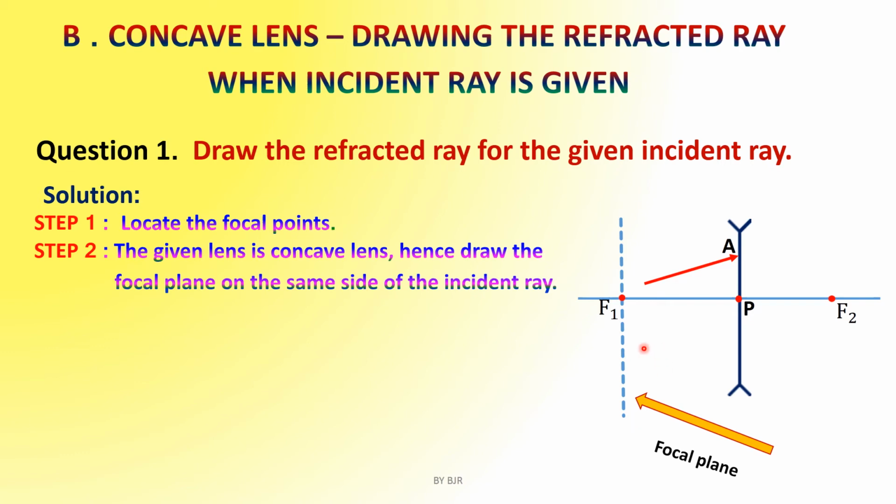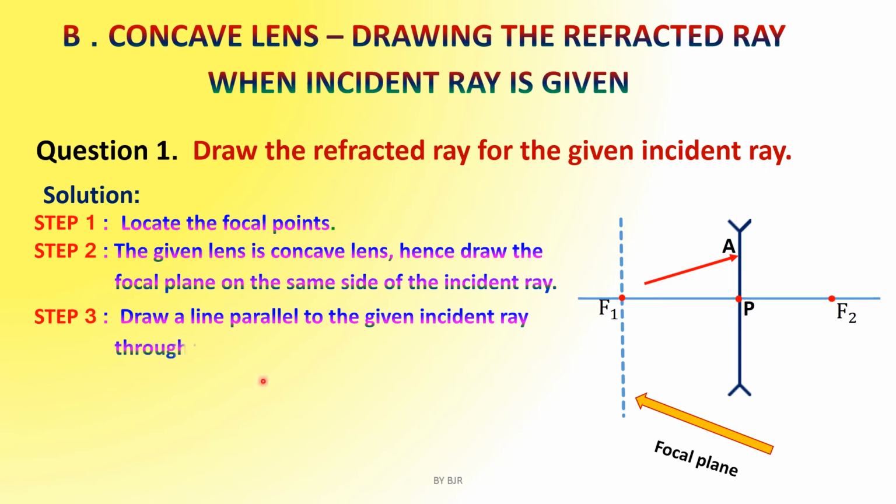Now, we draw a line parallel to the given incident ray through the optic center. That line meets the focal plane at point F dash. That is step 3. Draw a line parallel to the given incident ray through the optic center. This line meets the focal plane at F dash.